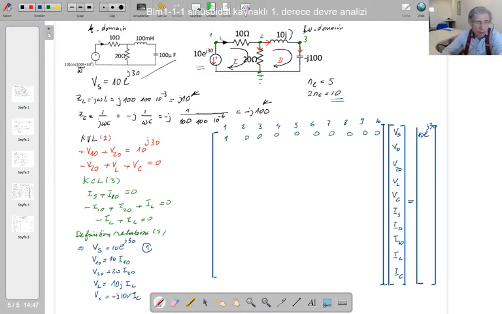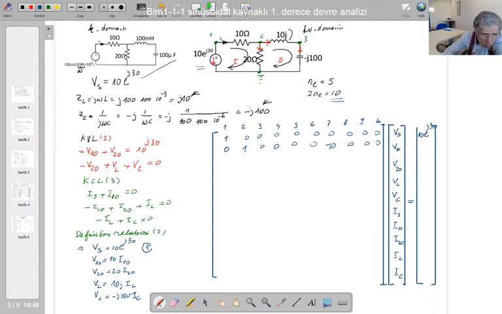That is that one. For the second one, V10 is the second one, so the first one is 0, the second one is 1, and it's going to be 10 times I10. I10 is the fourth one from the left, the last one, so 1, 2, 3, 4, so minus 10, and then 0, 0, 0, 0, 0, 0, 0.